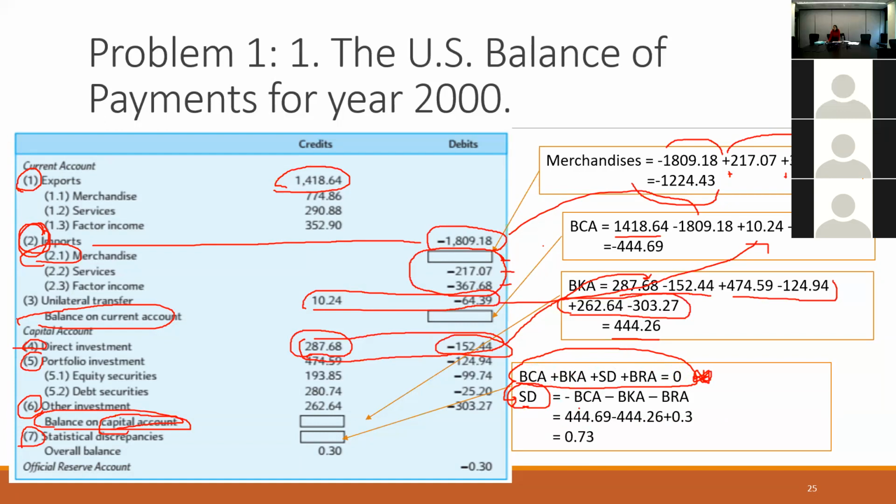So in this case, if I do so, and because I have all the other information already, I will find that the statistical discrepancy is about $0.73 billion, okay? So this exercise hopefully will help you to understand how the balance of payments is constructed and what the numbers mean, right?